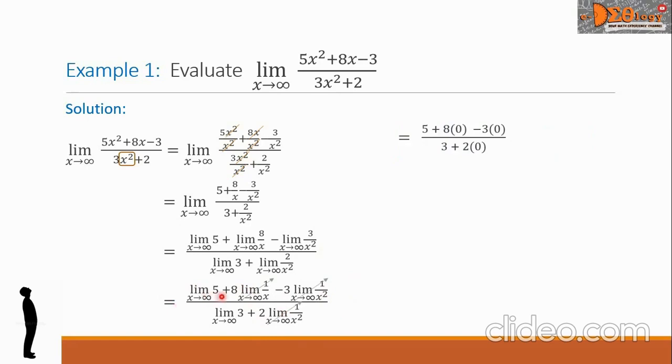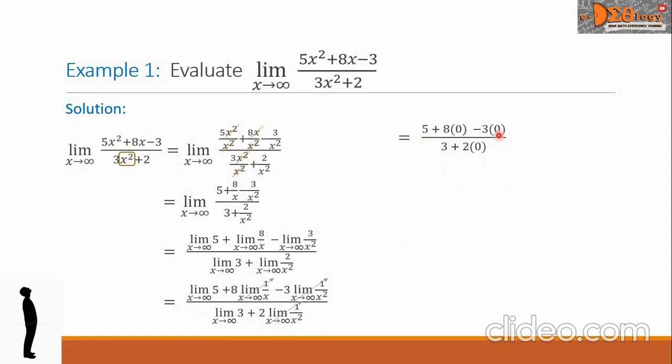So the limit of 5 as x approaches infinity is simply 5, plus 8 times 0, minus 3 times 0, all over the limit of the constant 3 as x approaches infinity, which is the constant 3, plus 2 times 0.